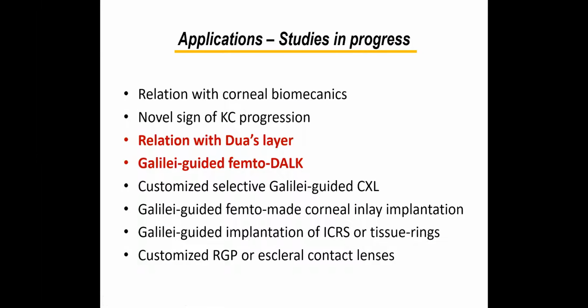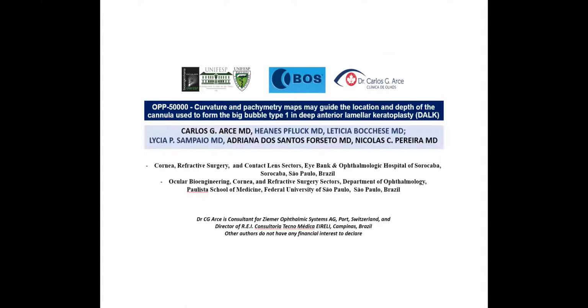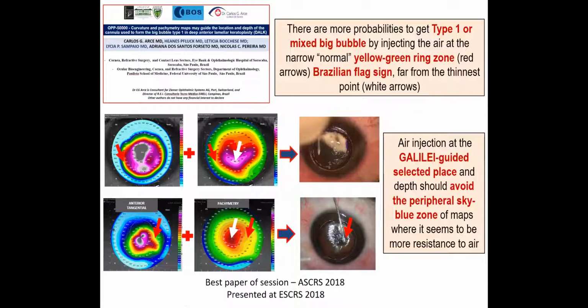So after the visit to our hospital of Harminder Dua, we began to try to correlate this topographic finding with the Dua layer. And we presented this paper in ECRS and ASCRS in 2018 and got the best paper of session.